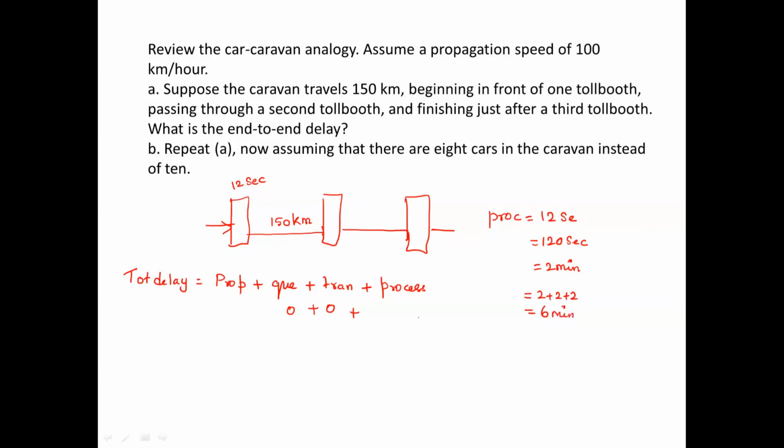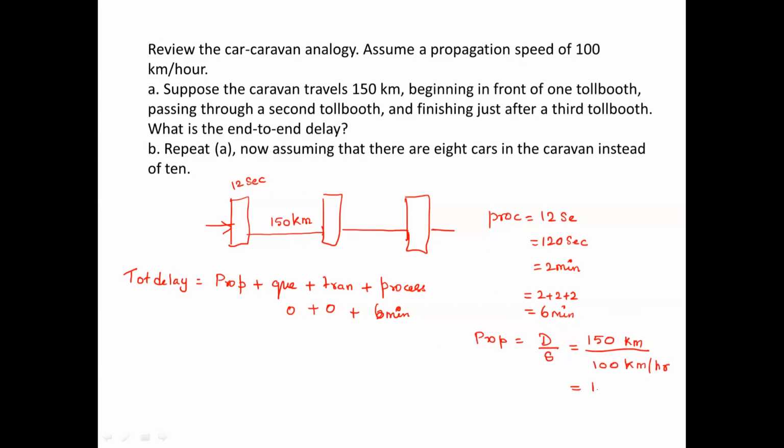Very good. Now calculate the propagation delay. We have got 6 minutes for the processing. For propagation delay, what's the formula? D by S. What is the distance? I have changed the question. Earlier we had 100 kilometers. Now it has to travel 150 kilometers. At what speed is it coming? No change in the speed, the same 100 kilometers per hour.